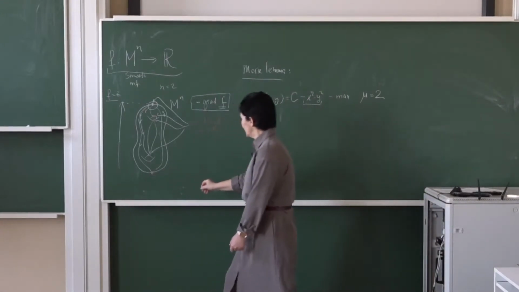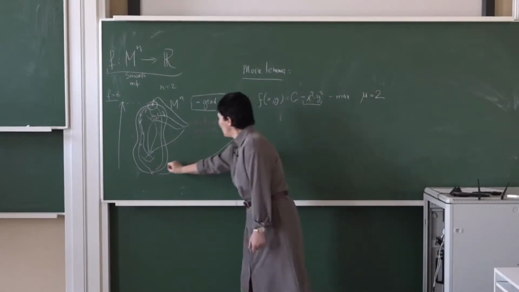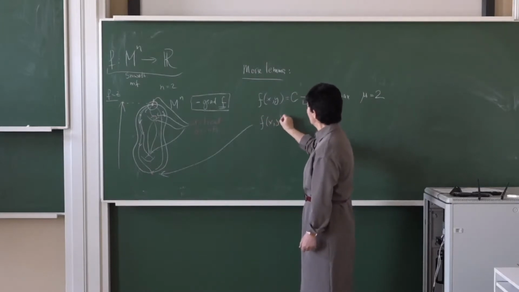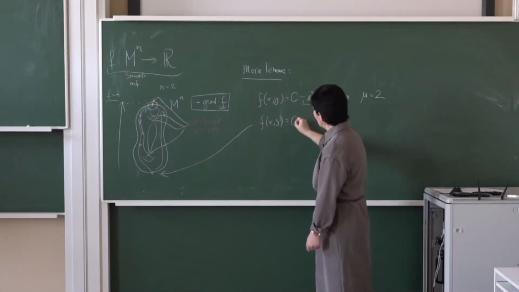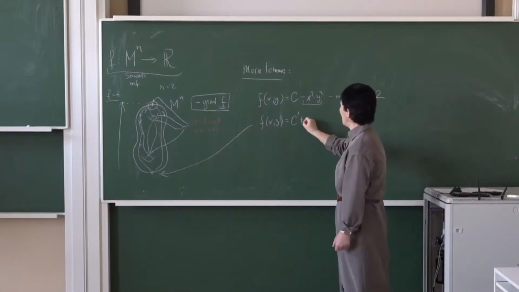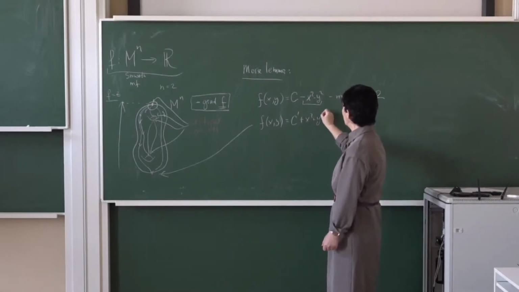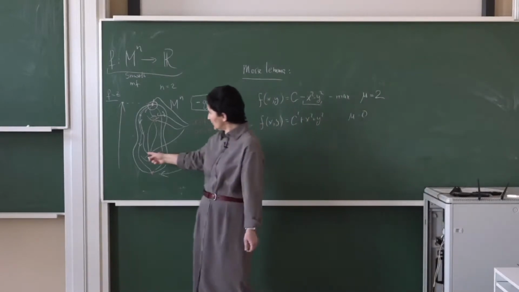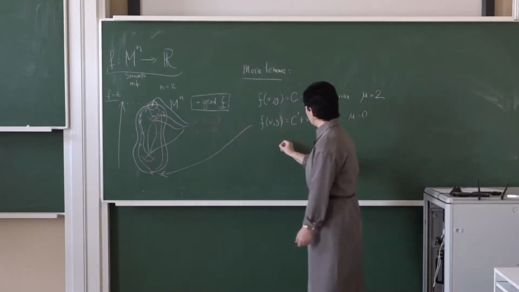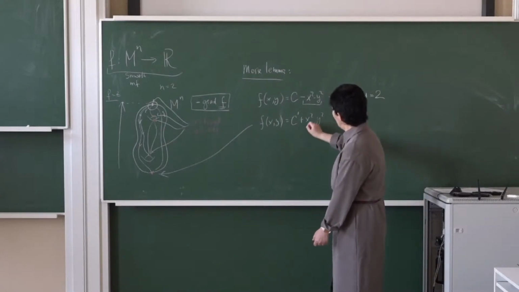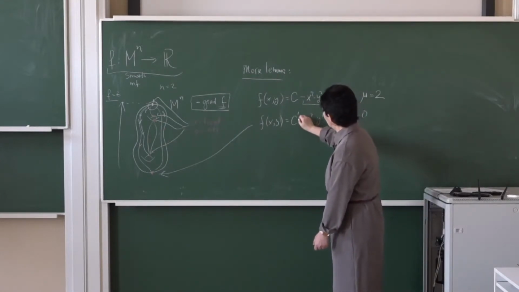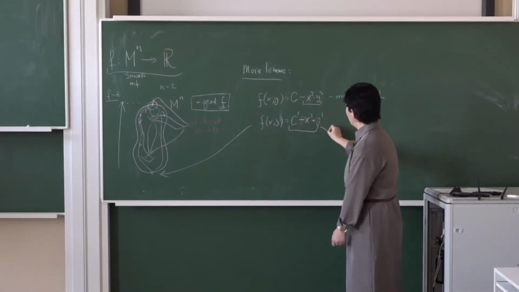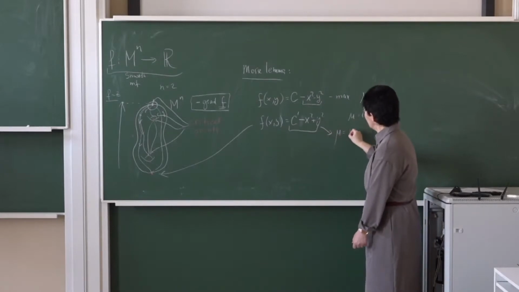At this point we have something converse: f of xy equals some other constant c prime plus x squared plus y squared, and here we say that the Morse index is 0. And there are also 4 saddle points. For saddle points we have minus x squared plus y squared, and then we say that the Morse index is 1.